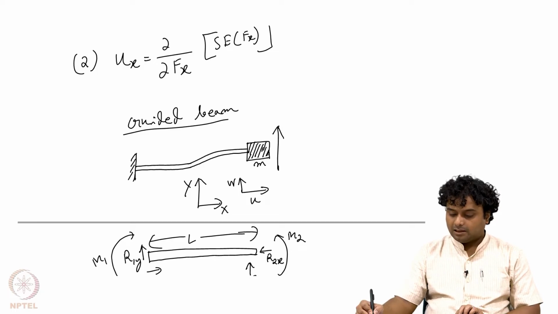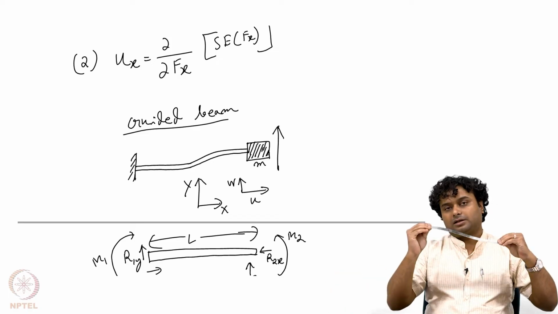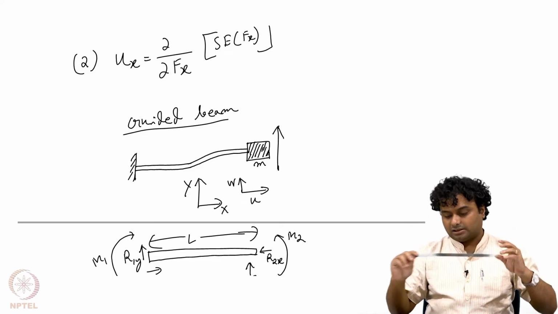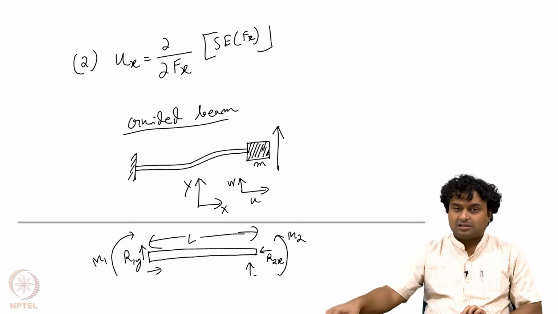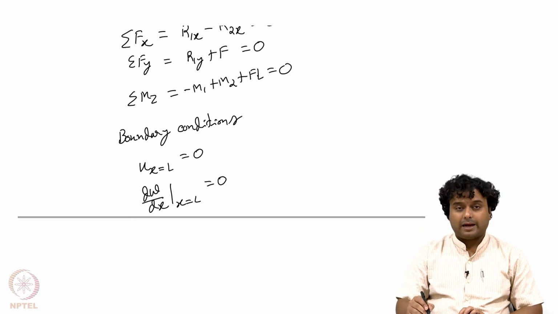And as this is a guided beam, there is no rotation. Guided beam, no rotation means there is also no slope. In the y direction the deflection is w, so what is the slope in that direction? It is dw/dx, and dw/dx at x equal to L will be 0. These are two boundary equations.